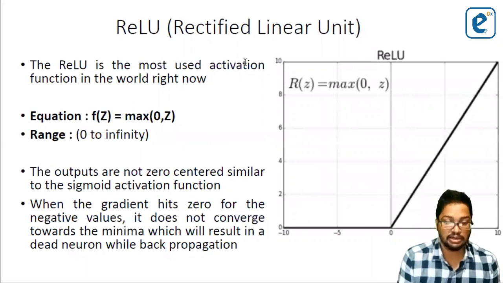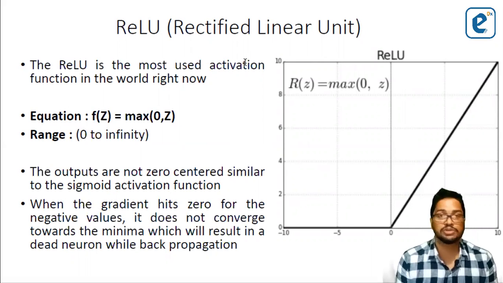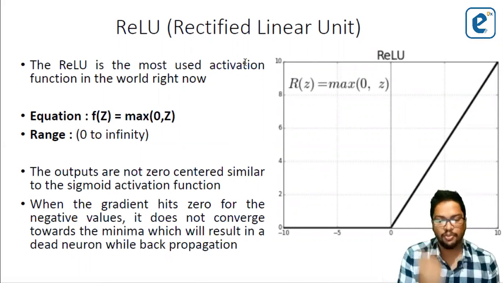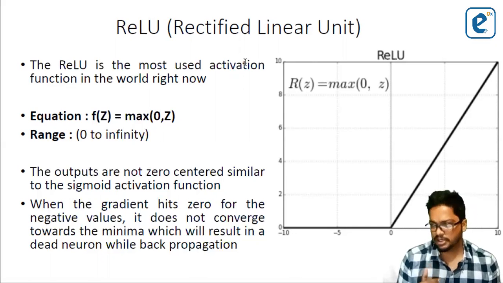Okay, so now the ReLU activation function is basically the commonly and mostly used, the most famous activation function. You can see ReLU is used everywhere in neural networks. ReLU is the most commonly used activation function in the world. It is a very simple activation.